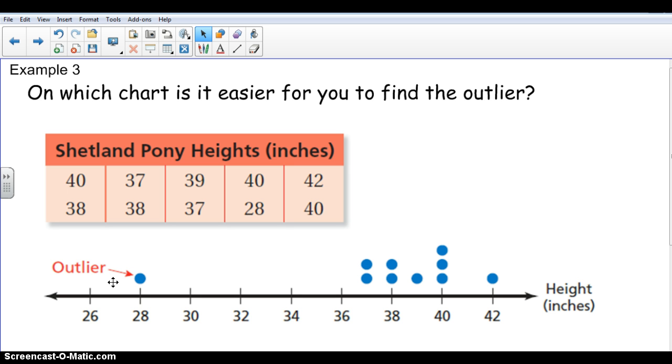If I were to do it with the outlier, my average would be about right here. Let's put a line there. Sorry, I got you wrong here. 37.9. Your average would be about right there. Without the outlier, my average is about right there.